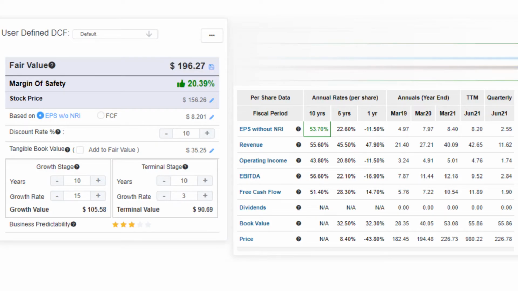Once we put all of those estimates into the calculator, we find a fair value price of $196 per share. That estimate is compared to a current share price in the 150s. One thing we can do with this is find a margin of safety. What that basically means is we find the discount between the current share price and the fair value price for the company.